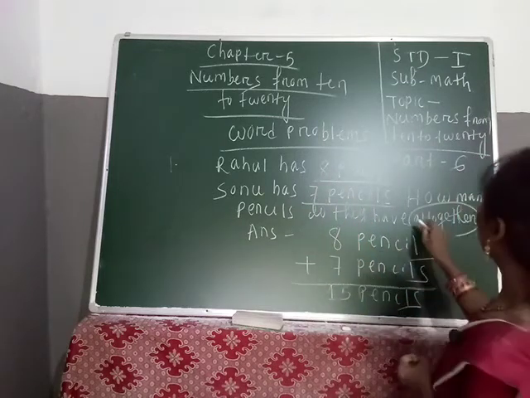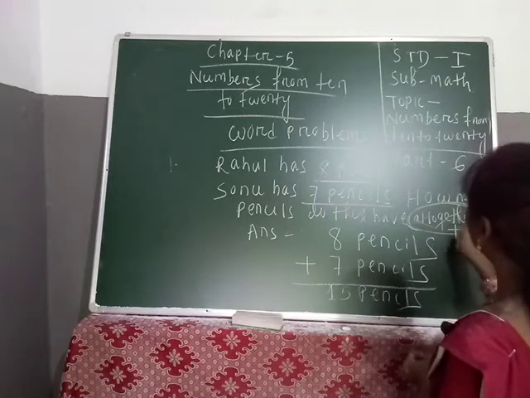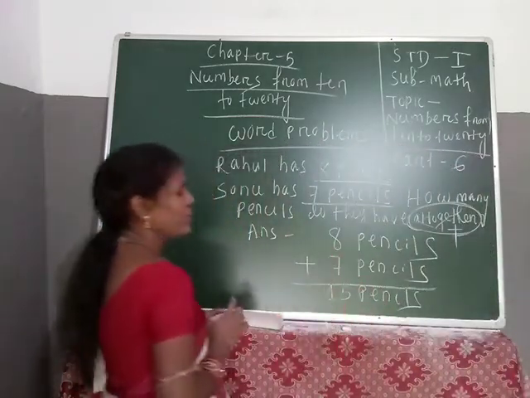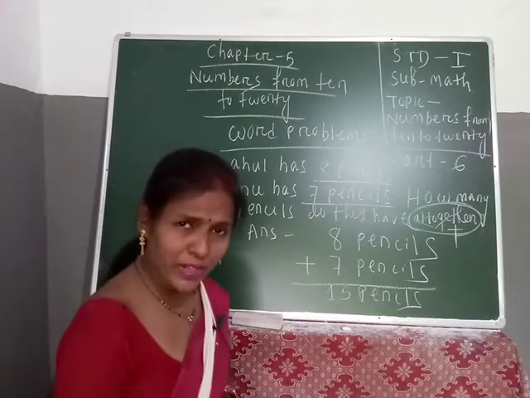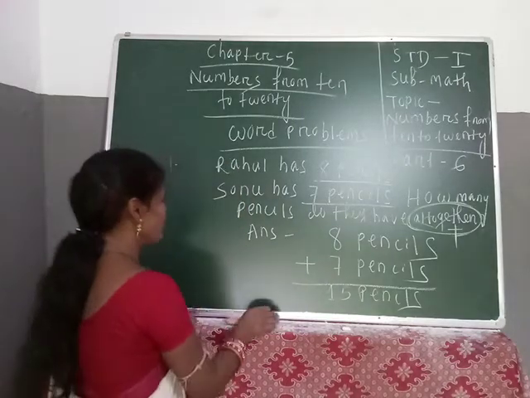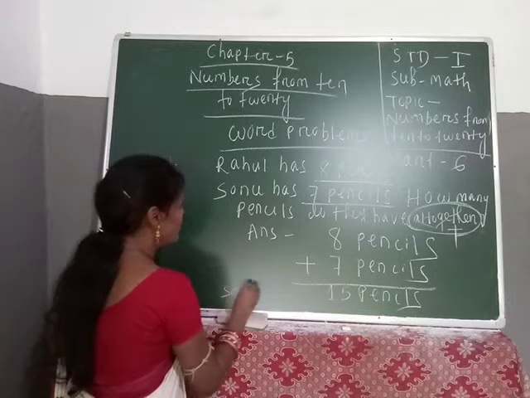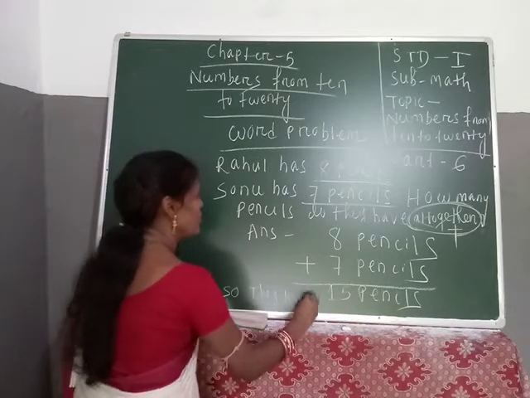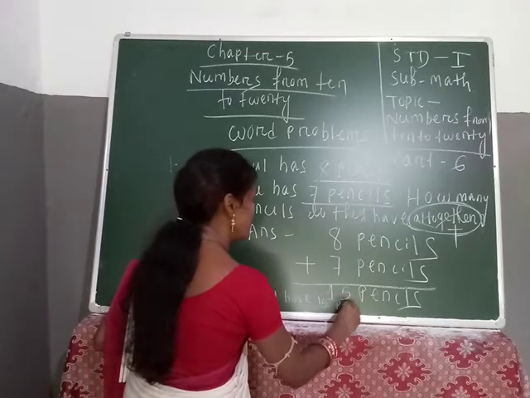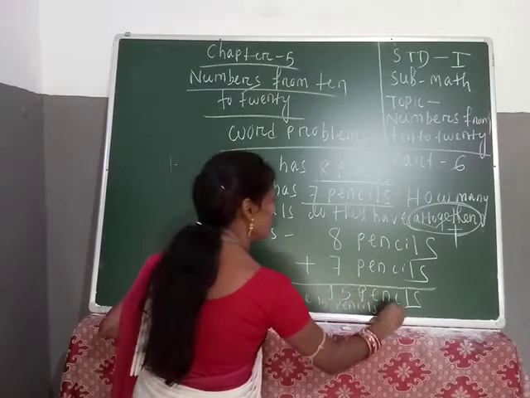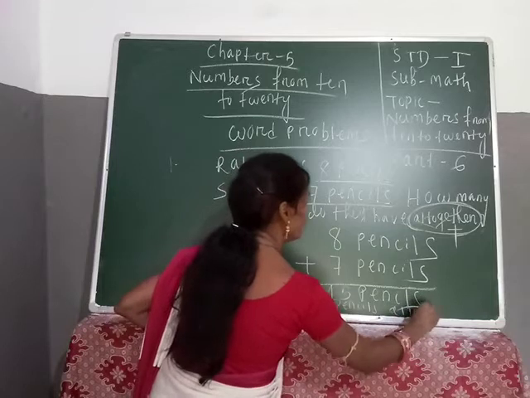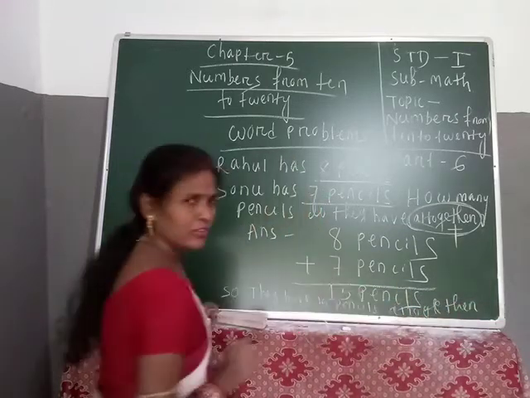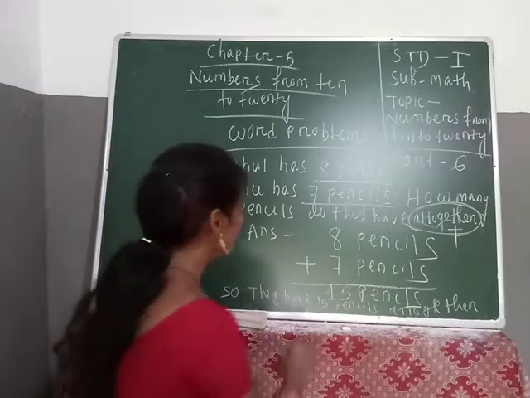So all together means we will do addition. That means 8 plus 7 equals how much? 15 pencils. So we will write, they have 15 pencils all together. Complete? Now clear? Okay.